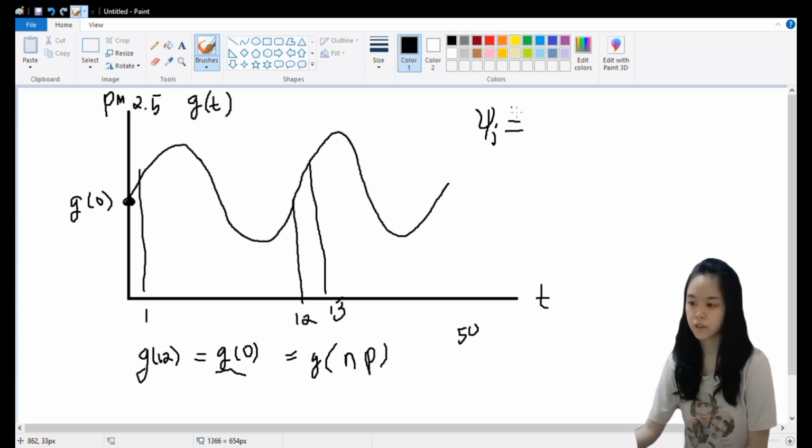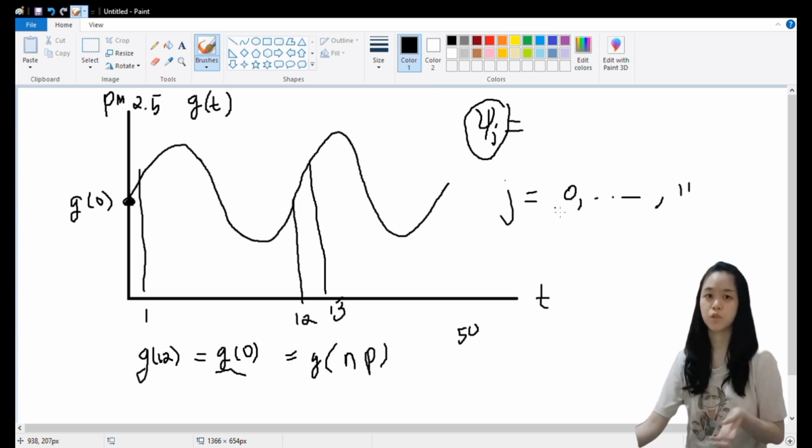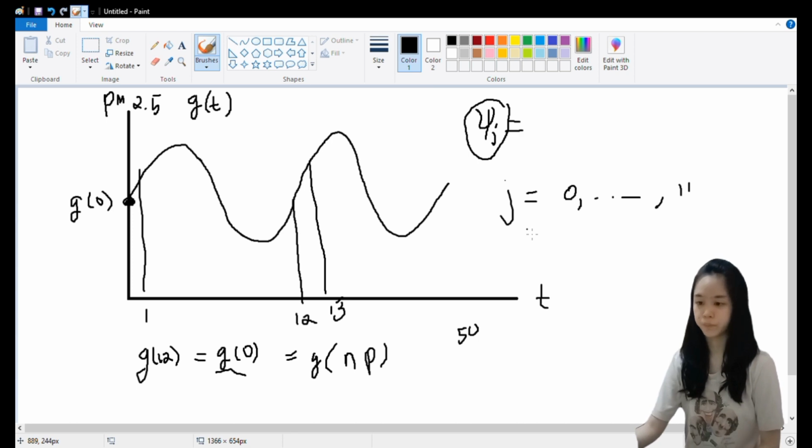This is why we have a seasonal factor from j. So j, in this case, goes from 0 up until 11, or more generally from 0 to p minus 1, because we need p values to complete the cycle.